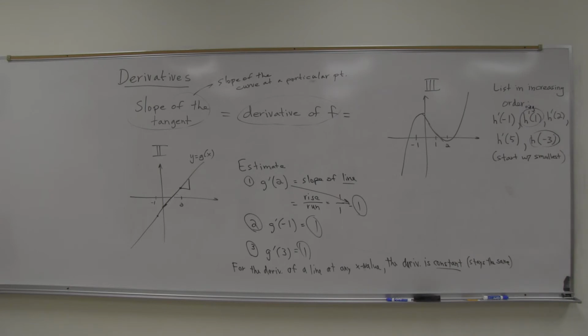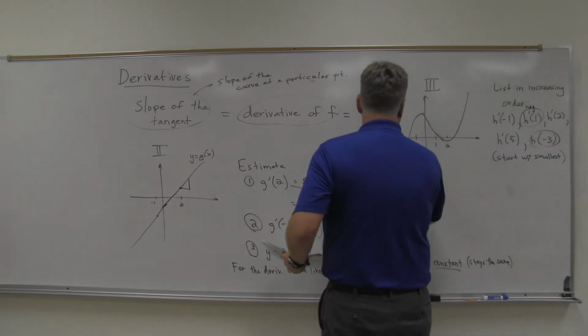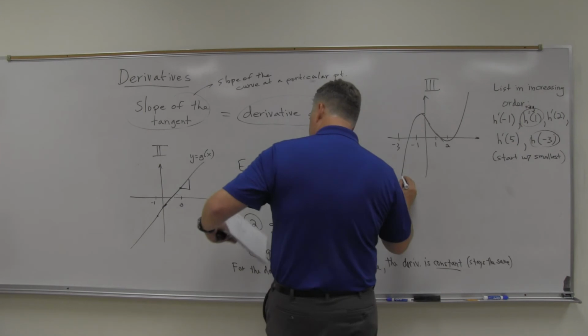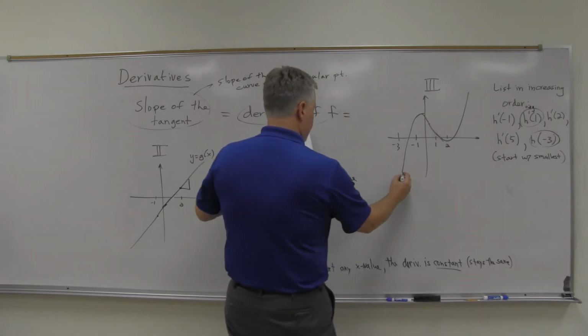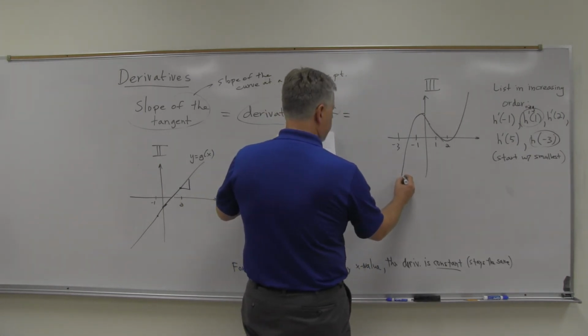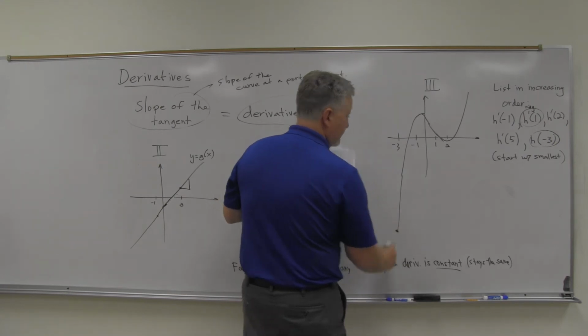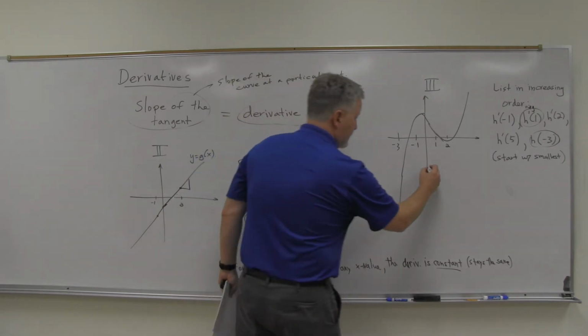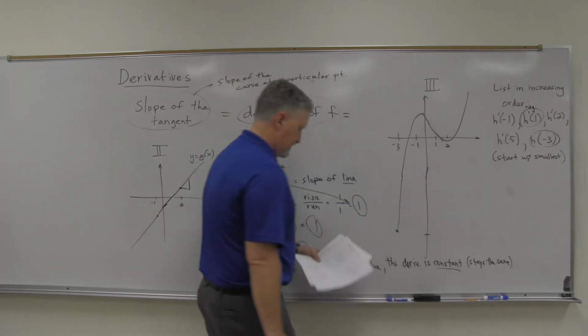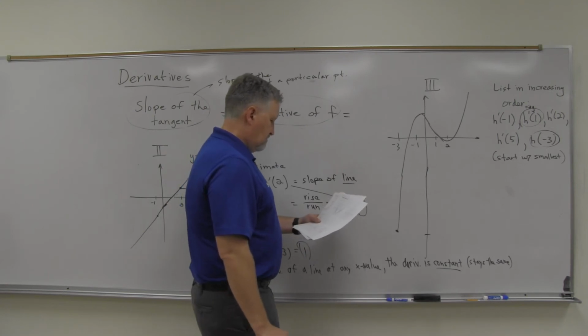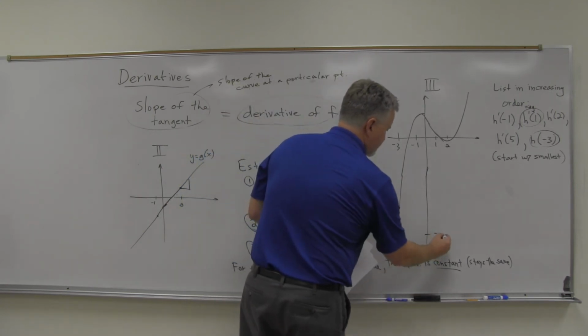What's h of negative 3? Well, that's the y value at negative 3, not the slope at negative 3. It's the y value at negative 3. And if you go down to the y value at negative 3, you have to go off of this graph a little bit, but it's going to be down here somewhere. And so that y value, I'm going to say, maybe negative 10-ish, okay?